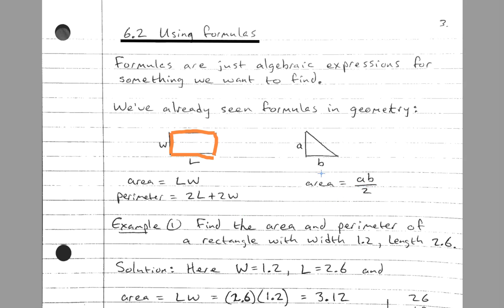The area of a triangle, well, the area of a right angle triangle is A times B divided by 2. Why are we dividing by 2? Well, the area of this rectangle is A times B, and we just want half of that.